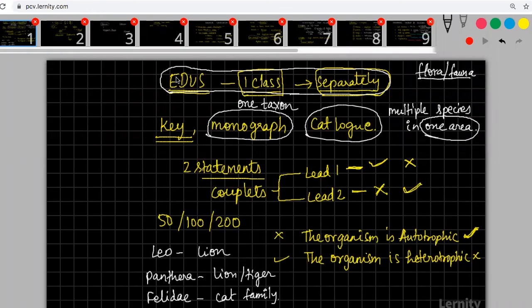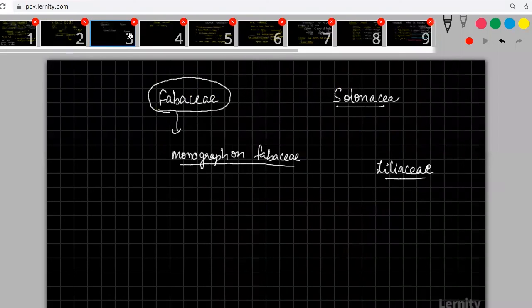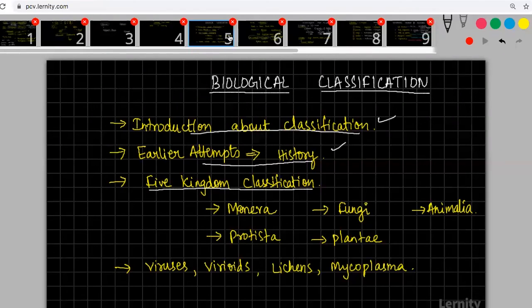So slide 1, slide 2, slide 3, slide 4, slide 5. This is where the chapter begins.